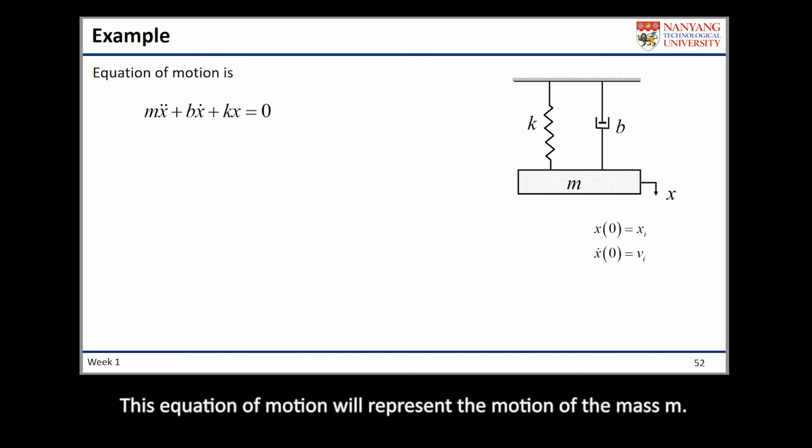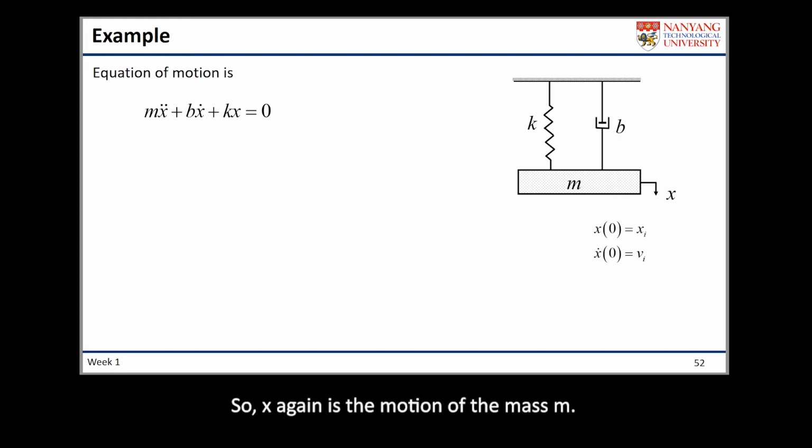This equation of motion will represent the motion of the mass m. So x again is the motion of the mass m. If you solve this equation of motion, you can estimate how the mass will vibrate in time. So let's assume after I perturb this mass, the displacement of this mass will be at xi.